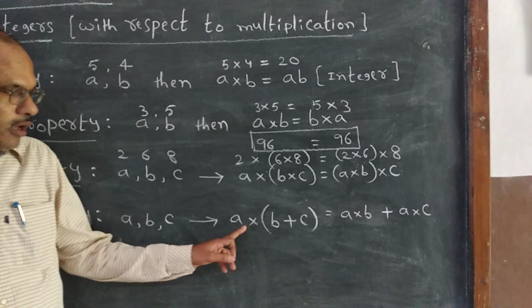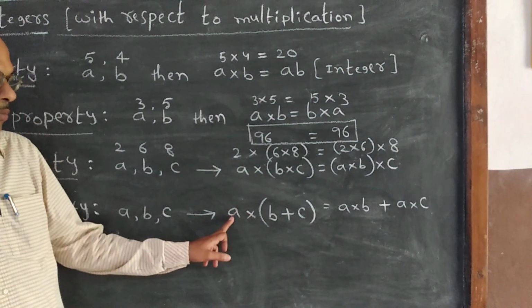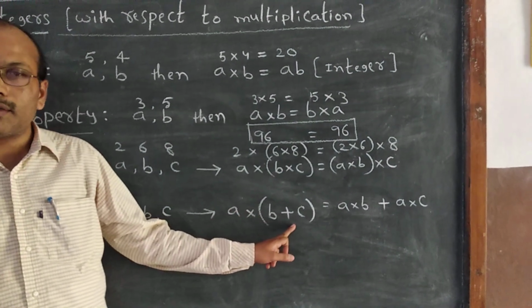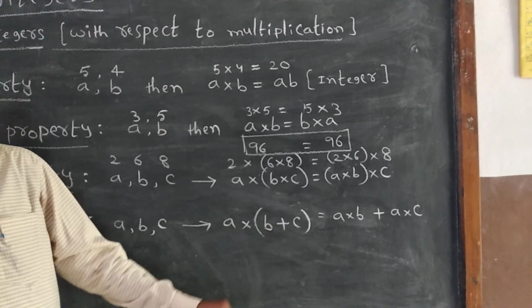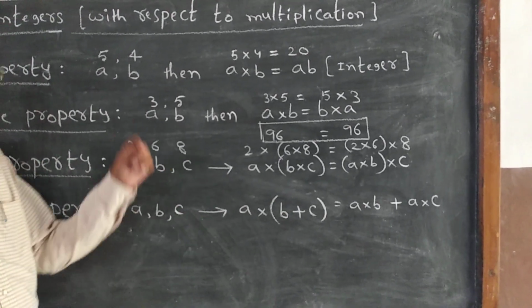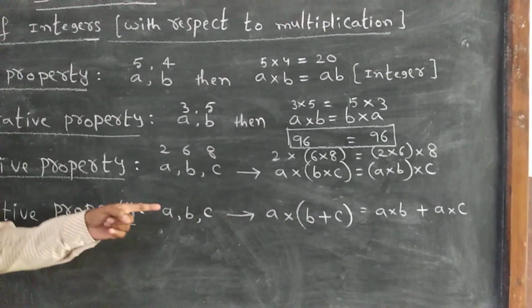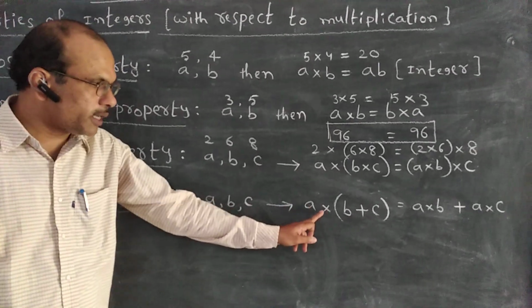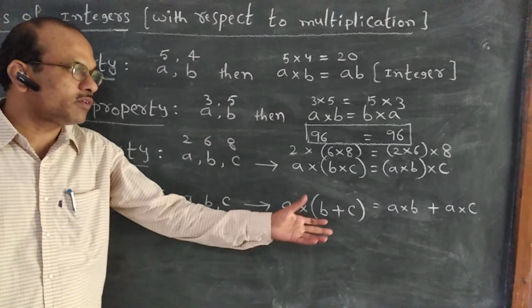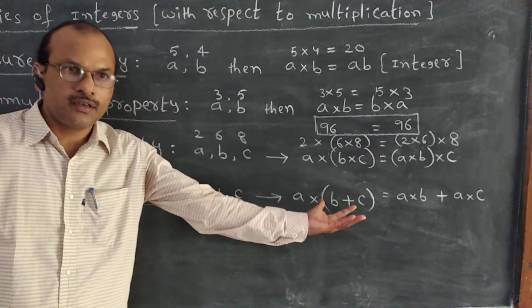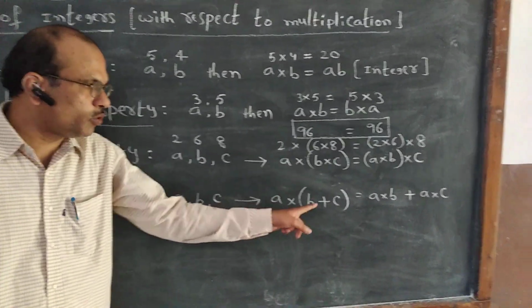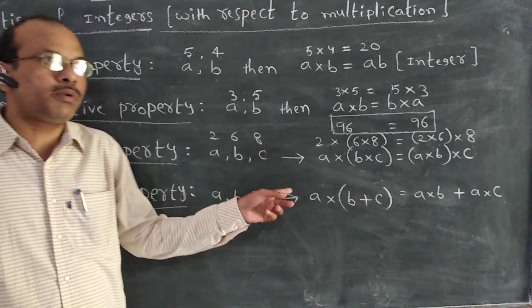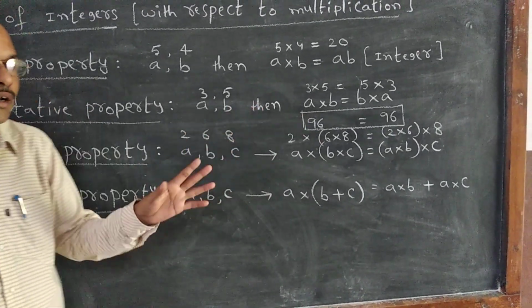Here multiplication distributes over addition. This is called the distributive property of integers. Integers satisfy the distributive property. Here a is multiplying with b plus c, so a is distributing, that is called multiplication distributes over addition.